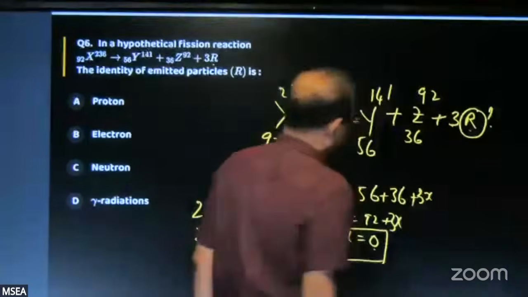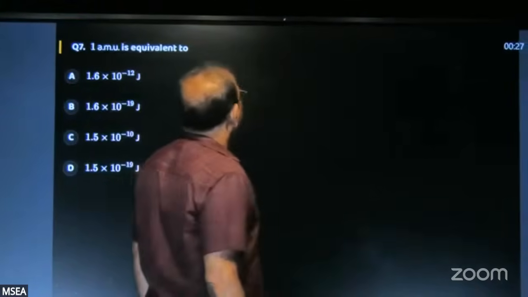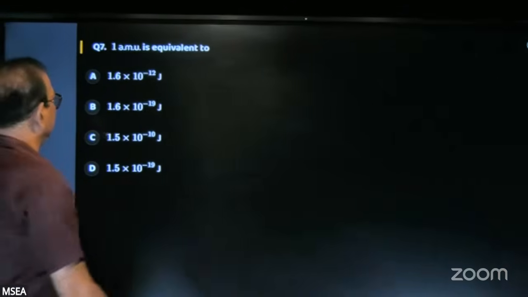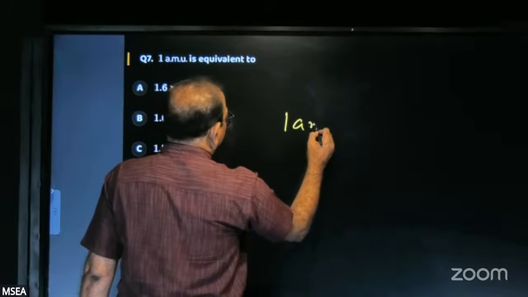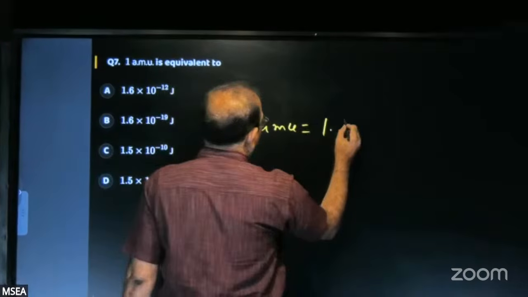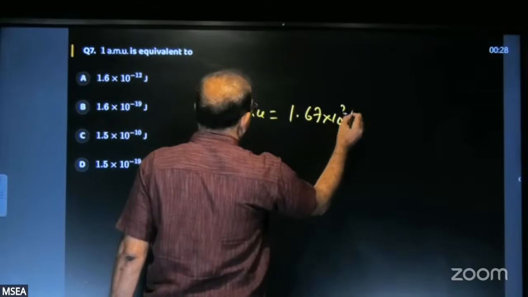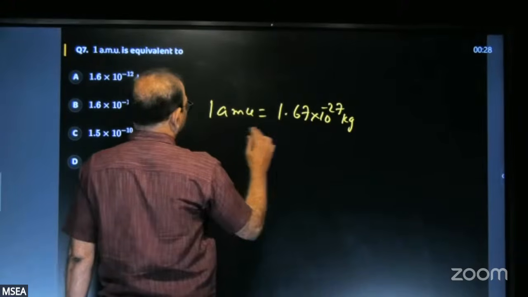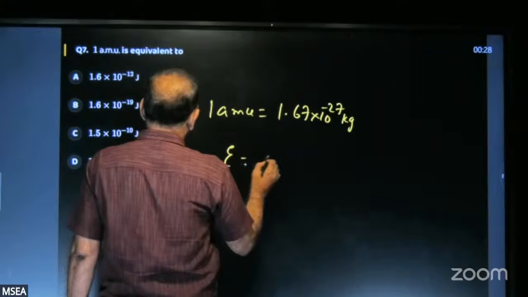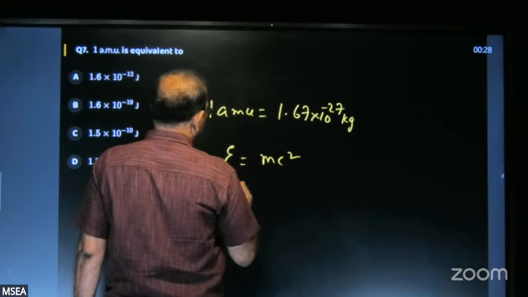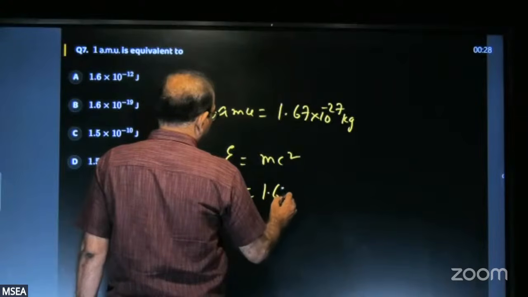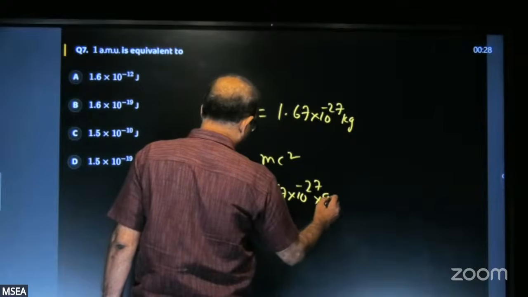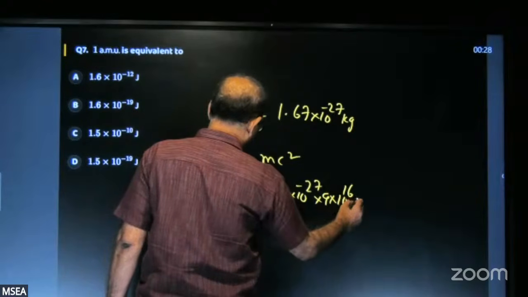Okay, going to next question. 1 AMU equal to how much energy is asking? 1 AMU in joule is asking. 1 AMU is 1.67 into 10 power minus 27 kg. Then energy released is mc square, 1.67 into 10 power minus 27 into c square, 9 into 10 to the power of 16 joule.